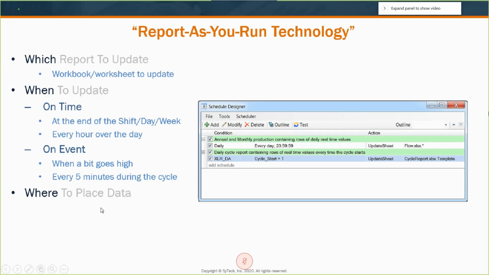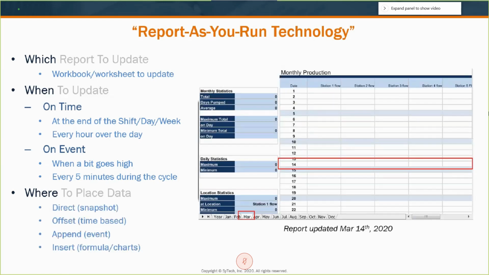But now here's the most important bit. Where do we place the data once we've grabbed it from the live data? Well, XLReporter has a good collection of placement types, from direct to offset, append, insert, and we're going to talk about each one in turn.